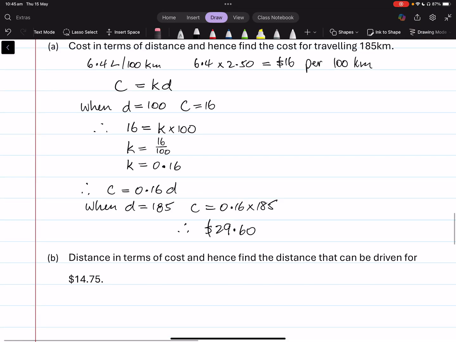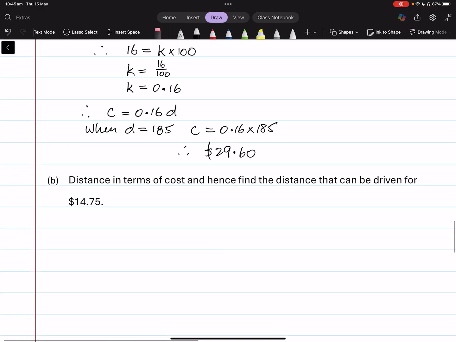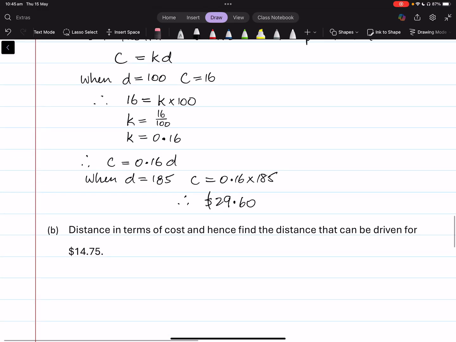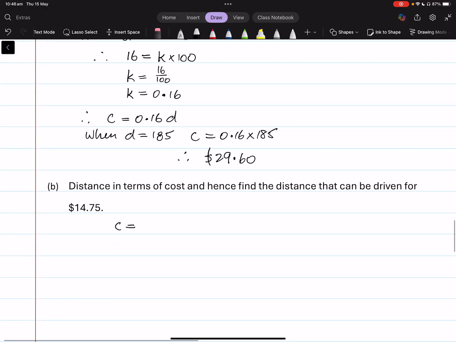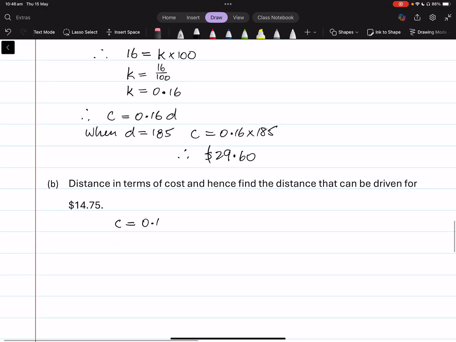All right, and part B, find the distance in terms of cost, and hence find the distance that can be driven for that amount of money. Okay, so find the distance in terms of cost. So we had before, if I go back to our formula, we had our cost was equal to 0.16D.